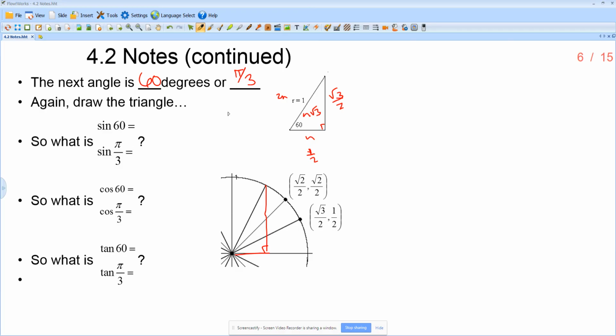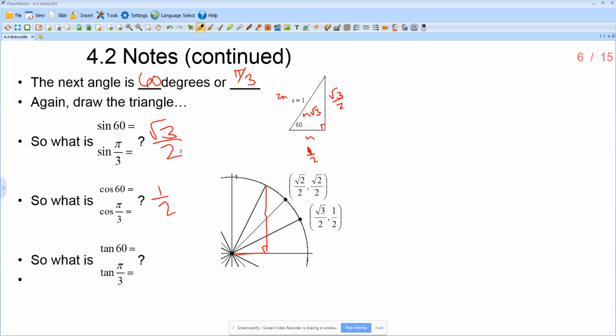So the sine of 60 degrees is opposite over hypotenuse. So root 3 over 2 over 1, which is just root 3 over 2. The cosine is adjacent over hypotenuse. So this is just 1/2 over 1, which is 1/2.